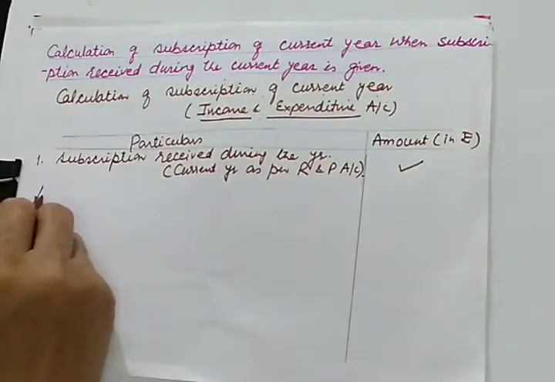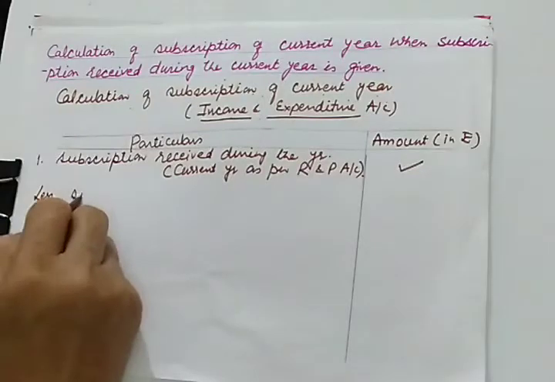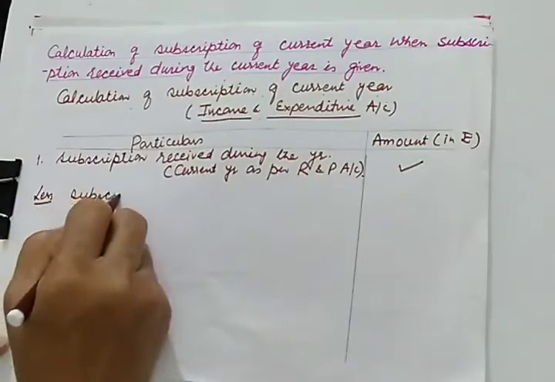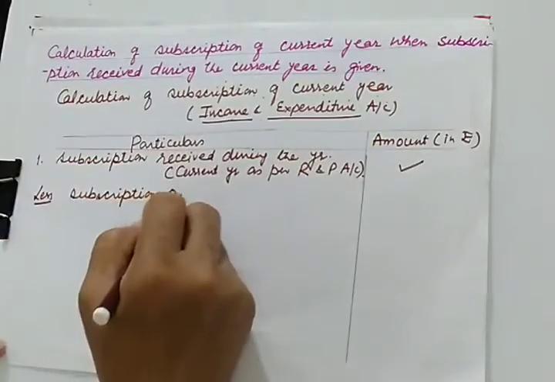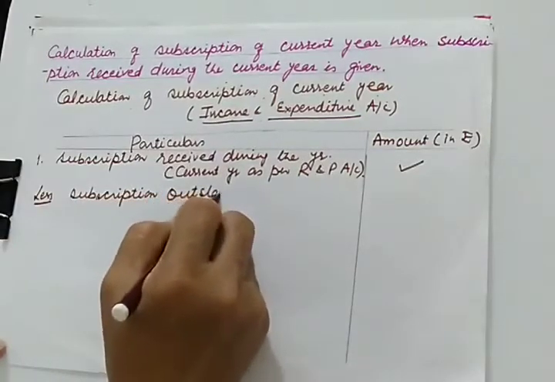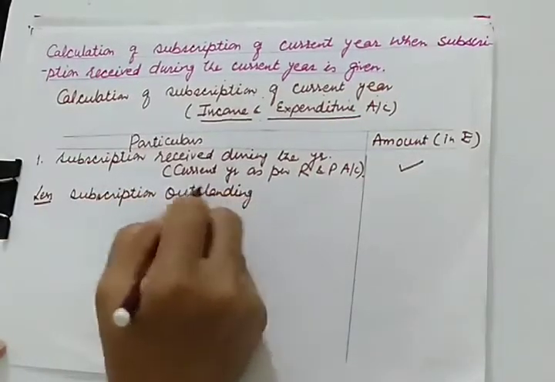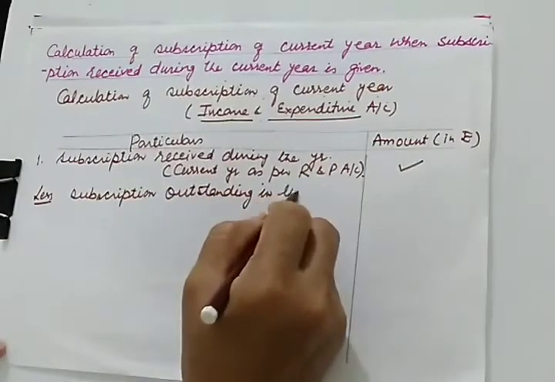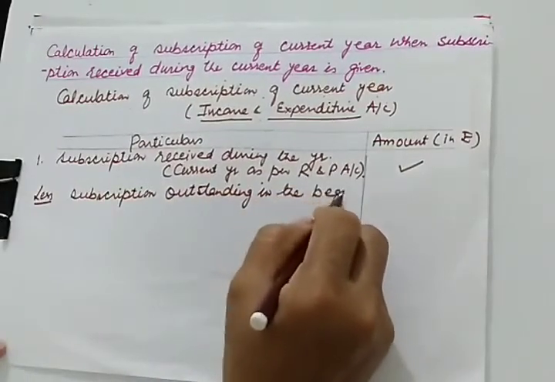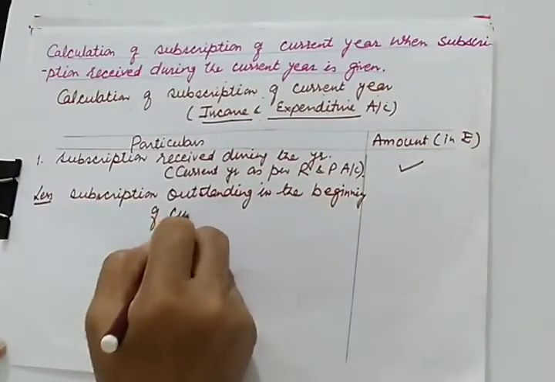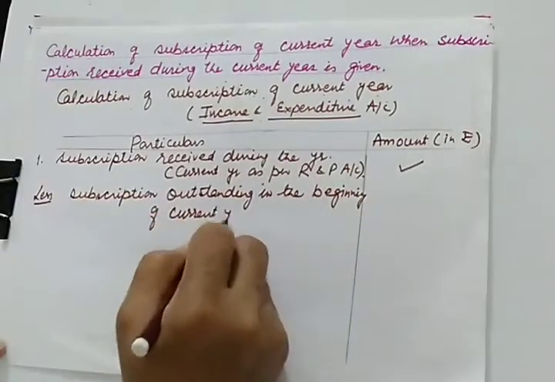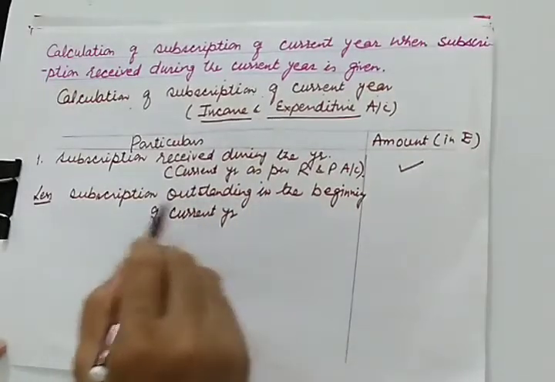First of all we will be deducting subscription outstanding in the beginning of current year. So what is the meaning of this?